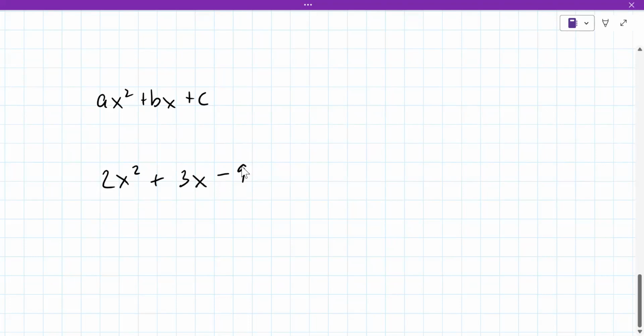You have to take a look at the first and the last. You have to take 2 and multiply by minus 9. 2 times minus 9 is minus 18. Now you're looking for two numbers that multiply to minus 18, but add to positive 3.